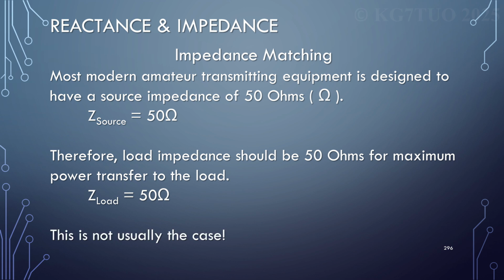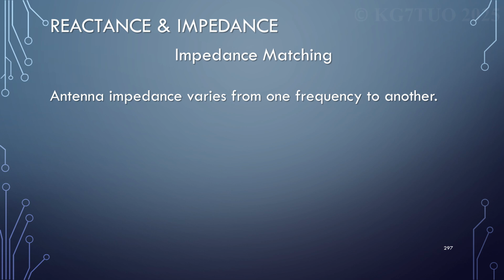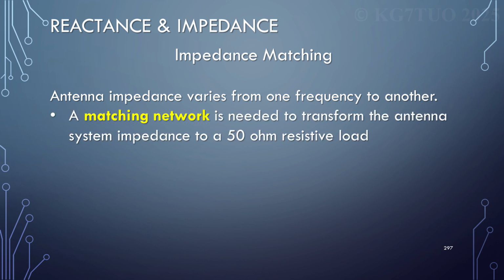It's not usually the case, and antenna impedance varies from one frequency to another. It also varies with the design and the location of your antenna. A matching network is needed to transform the antenna system impedance to the 50 ohm resistive load. There's all kinds of different ones, but we have an inductor capacitor circuit, or LC circuit.